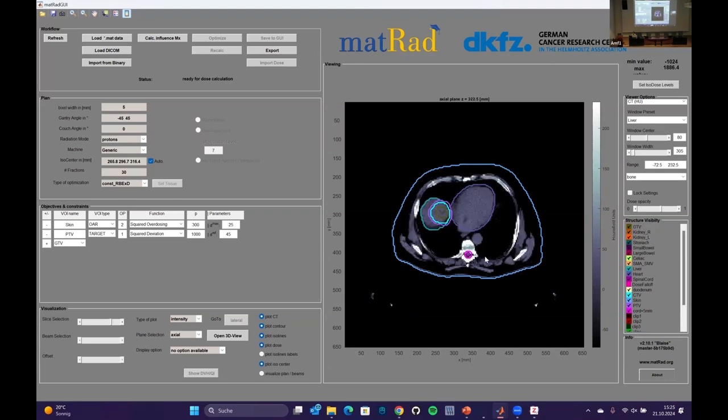For example, here around the spinal cord, you can imagine the spinal cord is a very sensitive organ you want to avoid in treatment. You have a safety extension, like the cord is here and you have a +5 millimeter safety extension. This means when you plan, you would plan to spare this 5 millimeter safety ring, and then you can be quite sure that you spare your spinal cord.